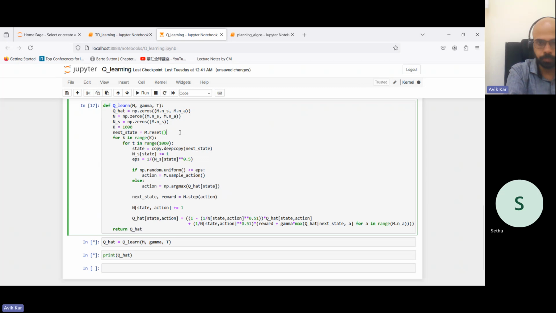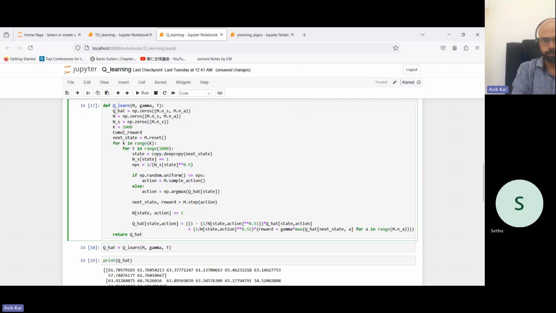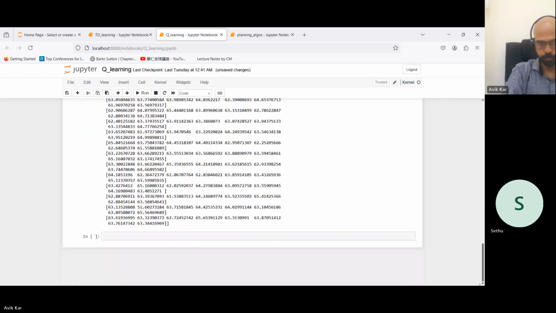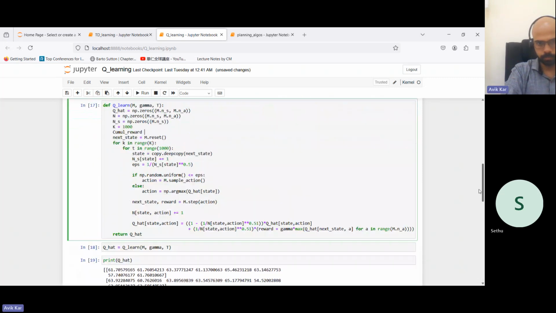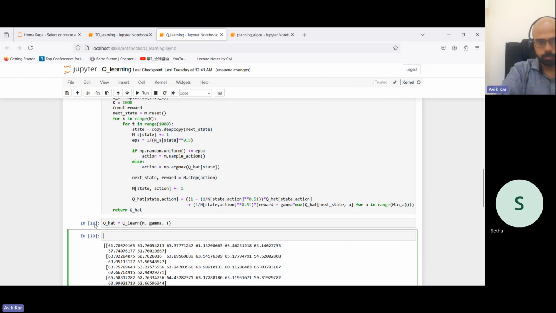Since it's learning, we can expect that the sum of rewards in every episode is also increasing. There is no issue with that.